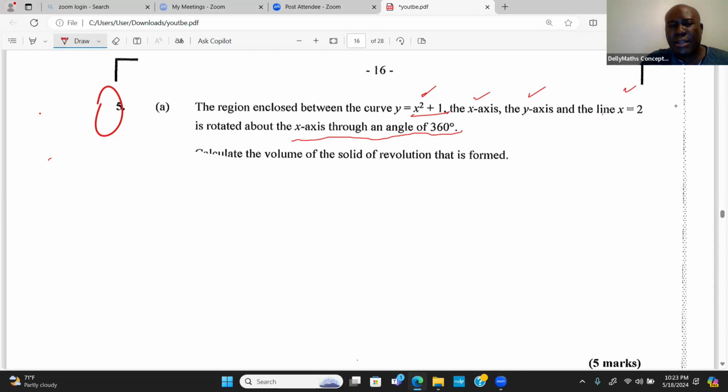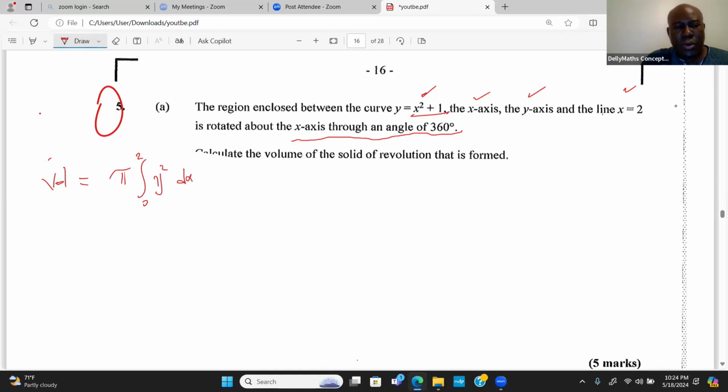So what we want to do is calculate the volume here. The situation we're dealing with will give us the area, basically. So y is going to be squared all the time, and we're looking at dx.